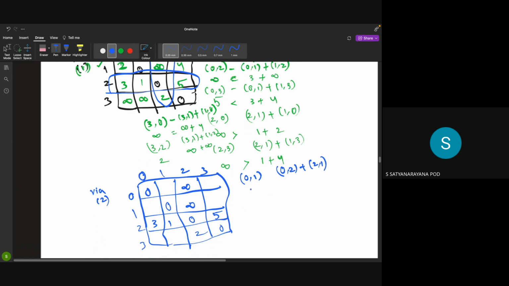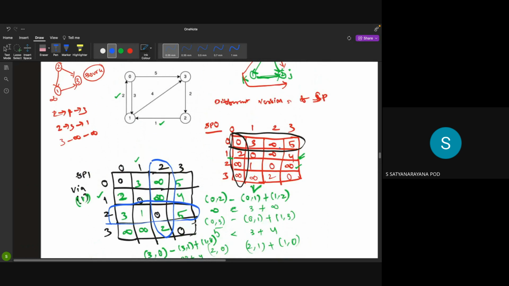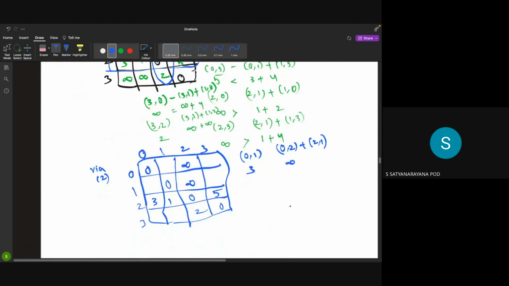So 0 to 1 is 3, and 0 to 2 is infinite, and 2 to 1 is 1. Is it right? Yes, this is a lesser value. So we can have that 0 to 1 via this one. If you are going, 3 is a better value. So we are leaving it, 3 is a better value.